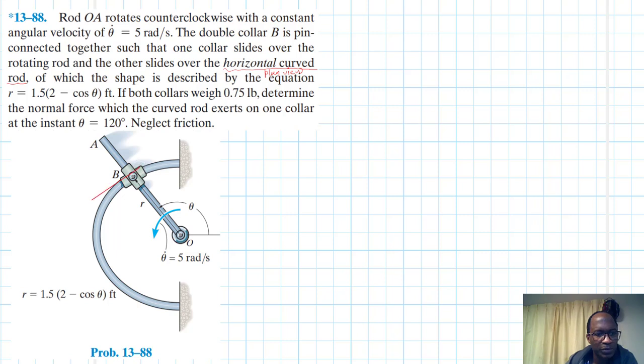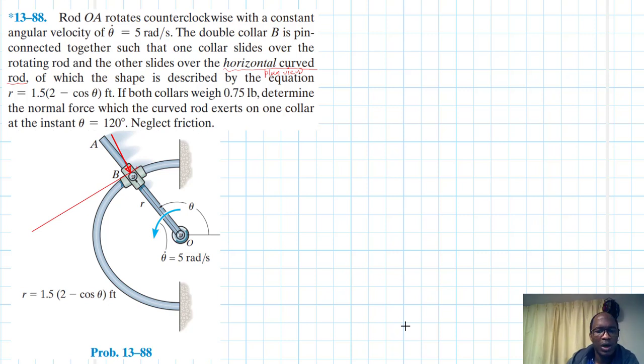Here we expect a normal force perpendicular to the tangent line. At that point we've drawn the line tangent, and this is normal, or perpendicular. So something like this.